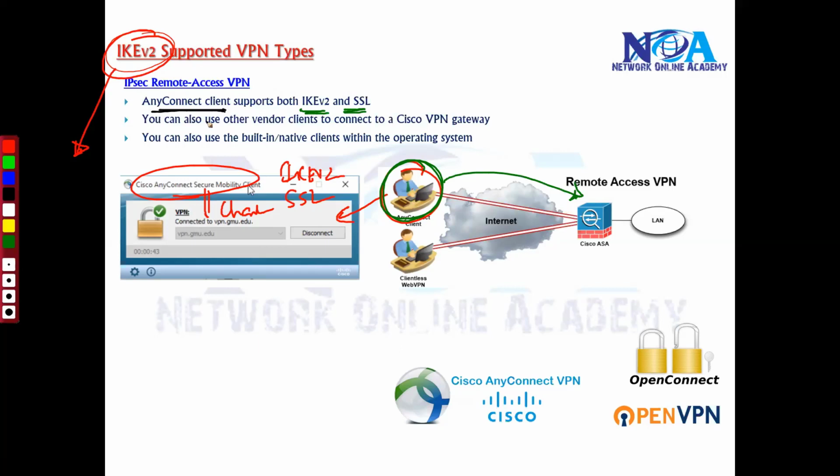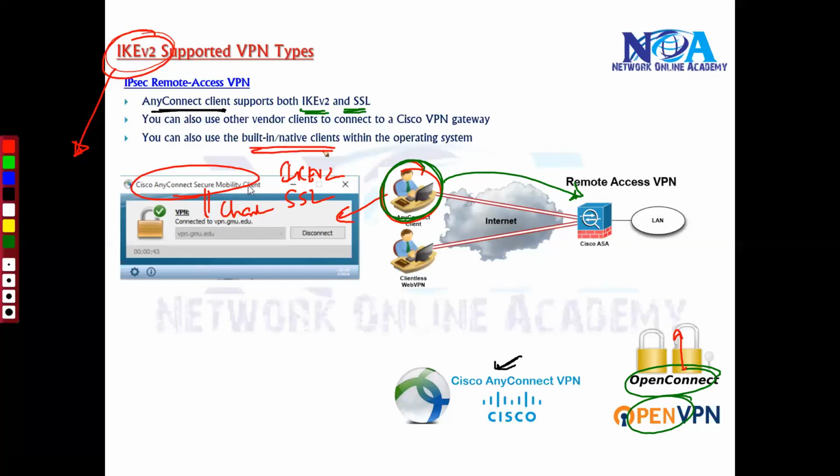This is from Cisco, the AnyConnect client, but you can also use other vendors' software. There are other options like OpenVPN, OpenConnect, WireGuard, or the OpenConnect GUI. There are different options available.